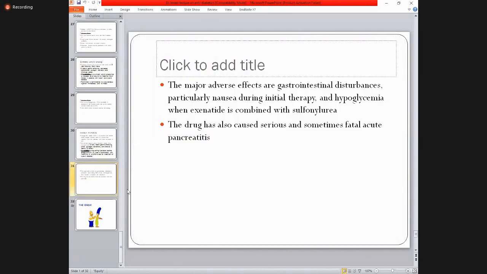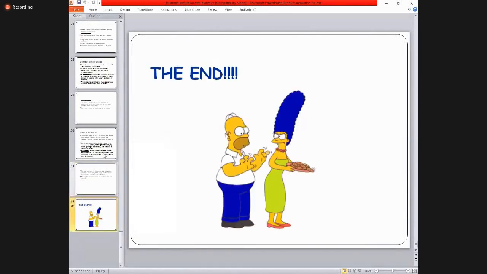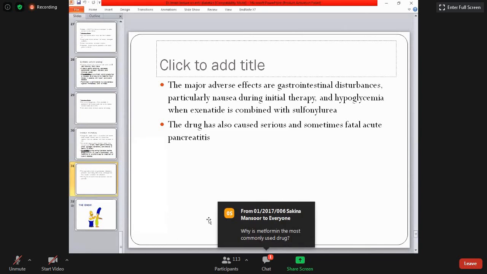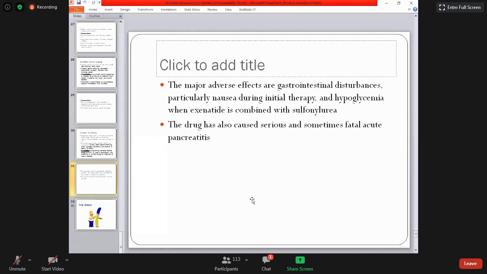The major adverse effects of exenatide are gastrointestinal disturbances, particularly nausea during initial therapy, and hypoglycemia, right? No, already we have discussed why metformin is being used most commonly, because one of the major advantages is that it is not going to produce hypoglycemia, which is a major concern if a patient is taking insulin or another drug that can cause hypoglycemia, right?